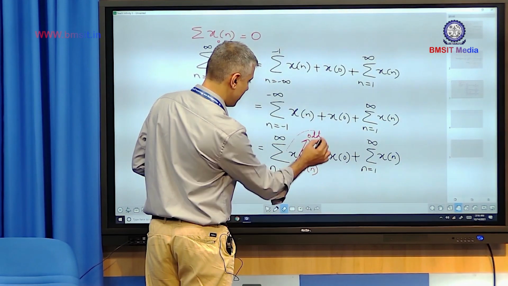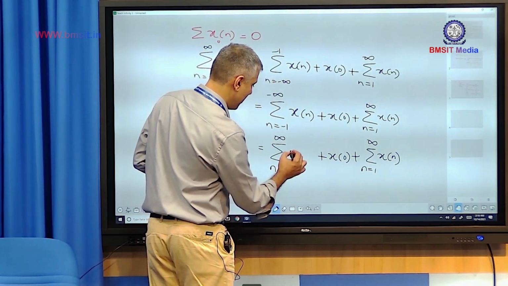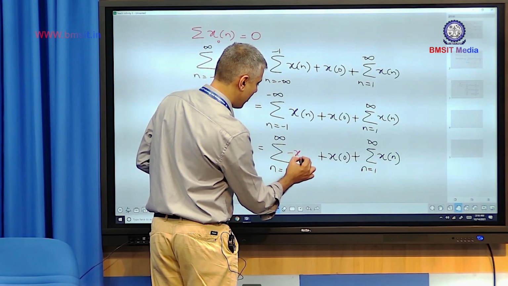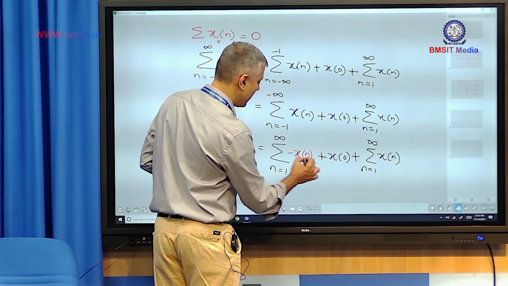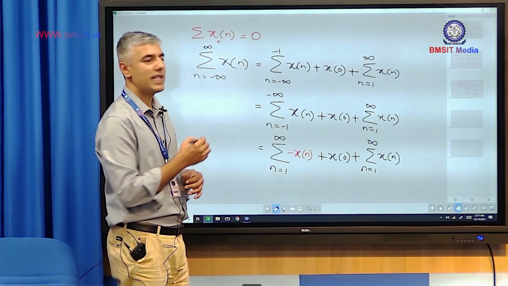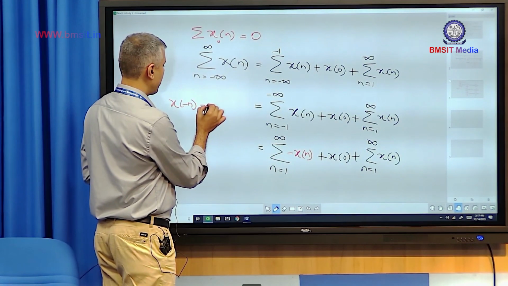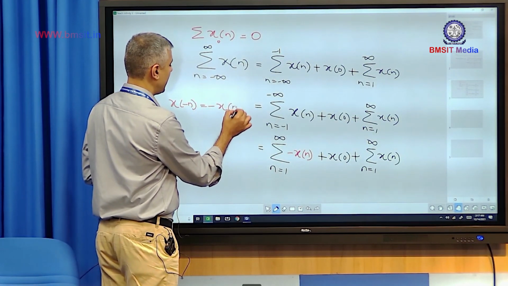The reason is that the signal is odd, and the definition of an odd signal is that x of minus n is the same as minus x of n.